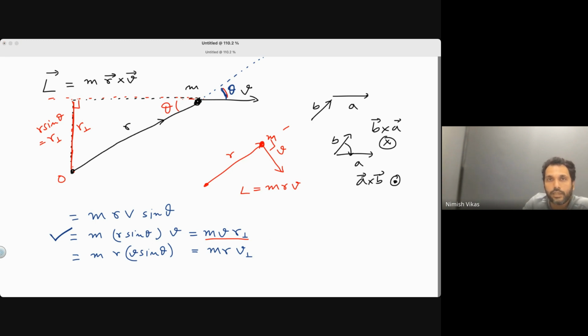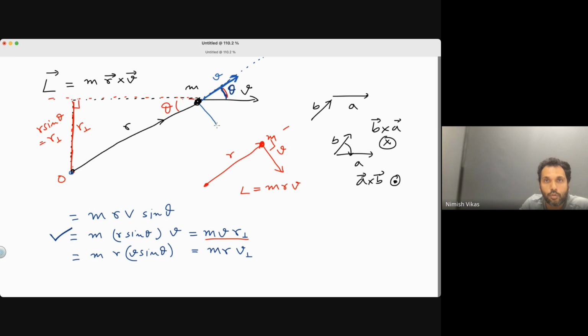The other way of studying the same thing is, I don't want to disturb my R. I will see the components of the velocity. So the velocity will have two components. One along R, which doesn't provide any angular momentum because it doesn't create any angular change from the point of study. If somebody is going along the R, there is no angular change.